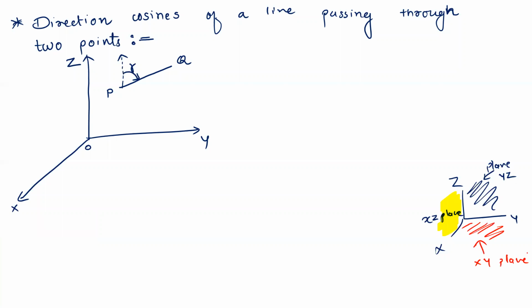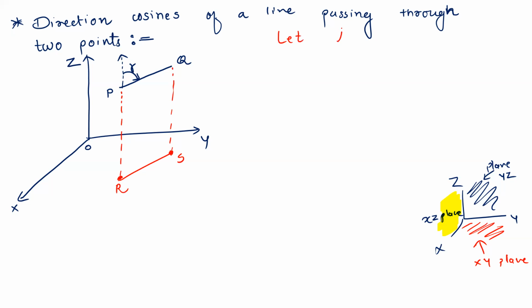So from point P, if I need to draw a perpendicular on the xy plane, it can be somewhat perpendicular at R, and from here also I drew, and suppose at S we got the perpendicular on xy. These are the perpendicular points on xy. Let's write along.